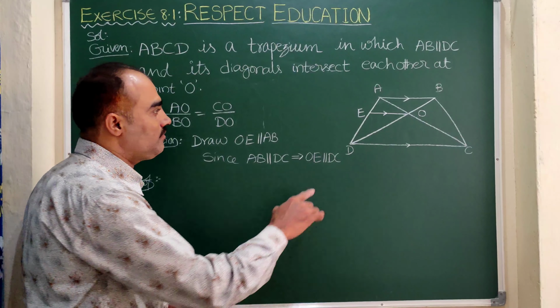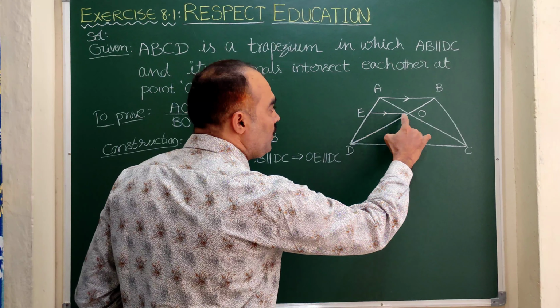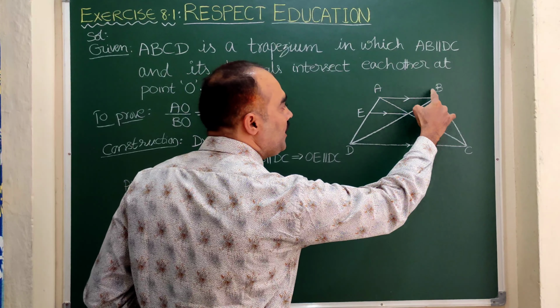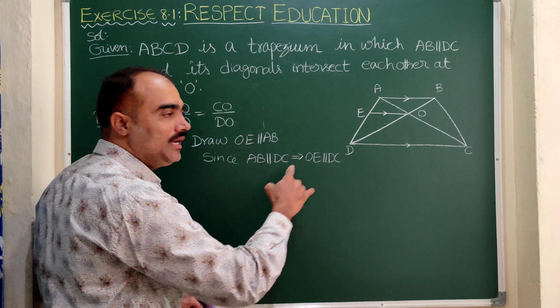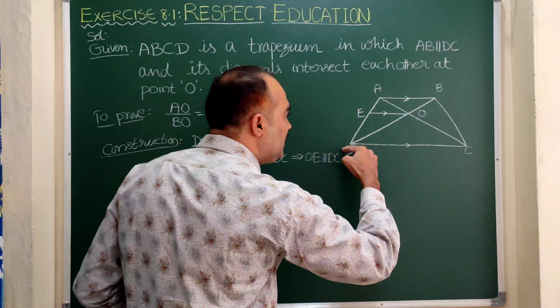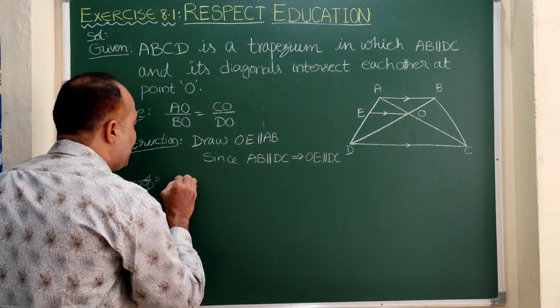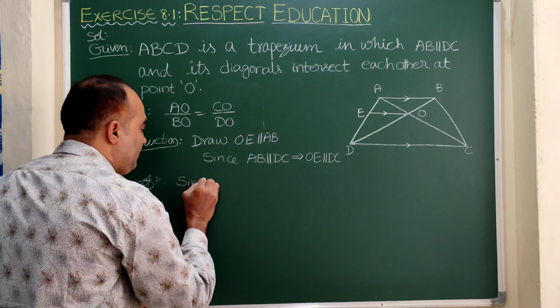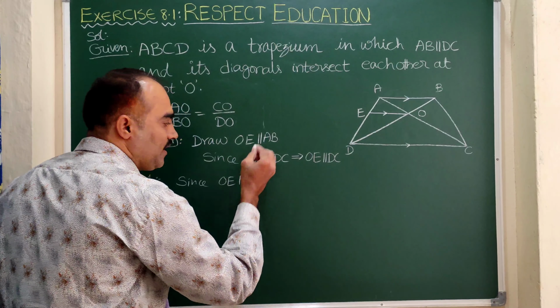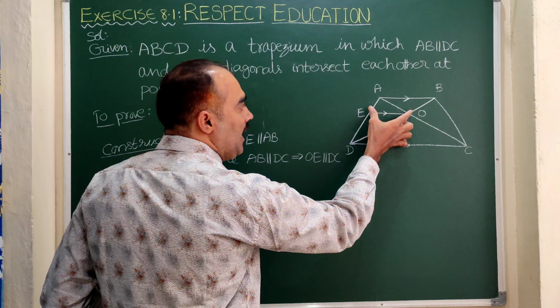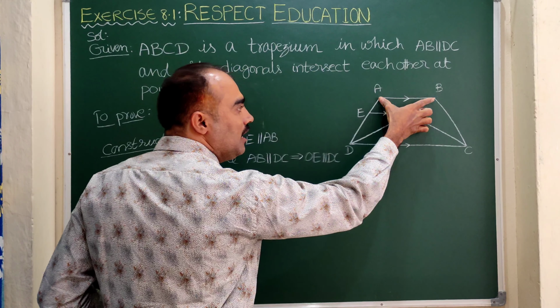Now let us see here. If OE is parallel to AB, first condition, let us draw only this triangle. Since OE is parallel to AB, AB is the longer one.